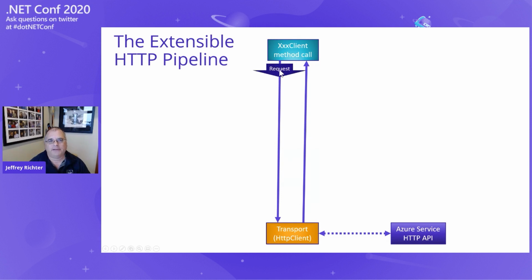The pipeline, as I said, takes a request and passes it down. And we have a bunch of what we call policies in the pipeline. So the first policy that gets hit is the client request ID policy. What these policies typically do is they can mutate the URL or add query parameters or headers onto the request. They usually do not affect the body of the request, although they could. They usually do not.